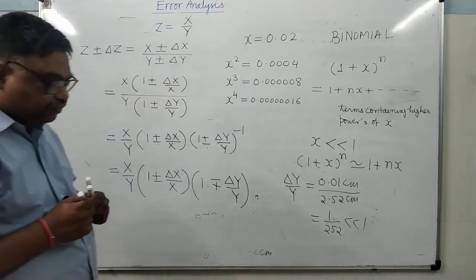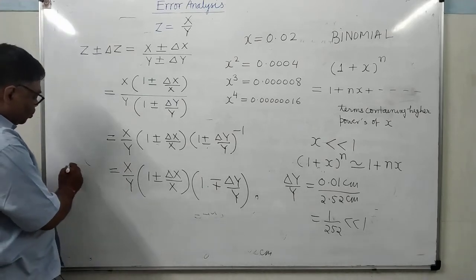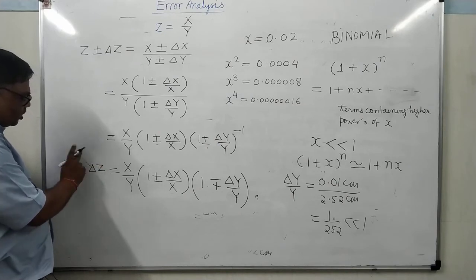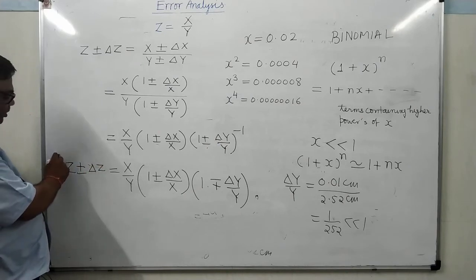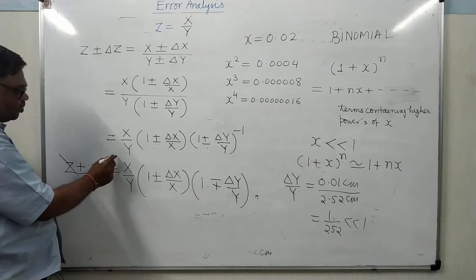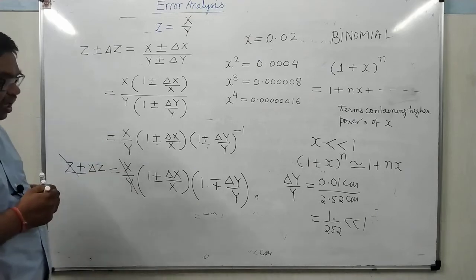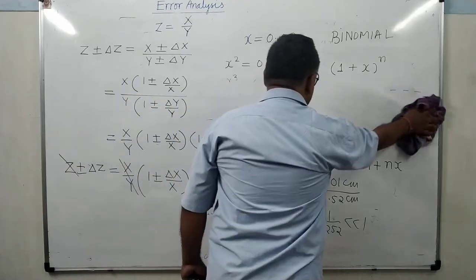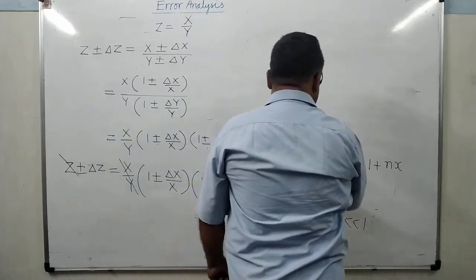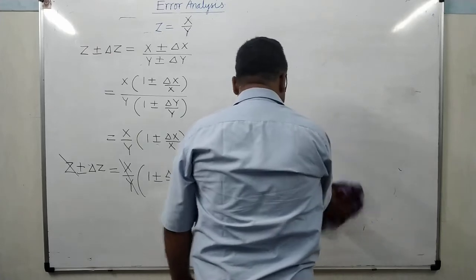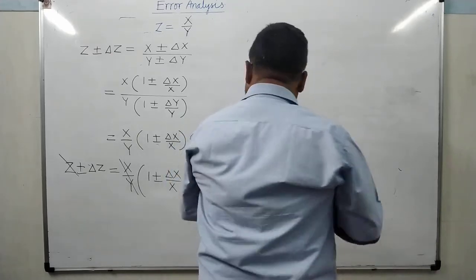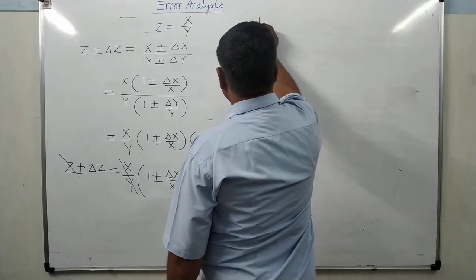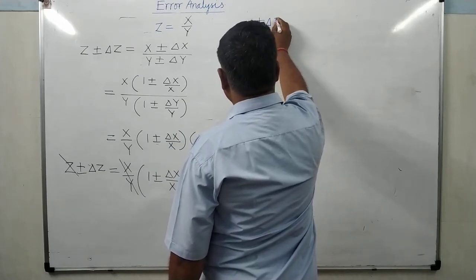Now see here, this is equal to z plus minus delta z. Now you can cancel z equals x upon y, so this can be cancelled. On simplifying, what will you get? So I am simplifying on this side. On simplifying, it is delta plus minus delta z.